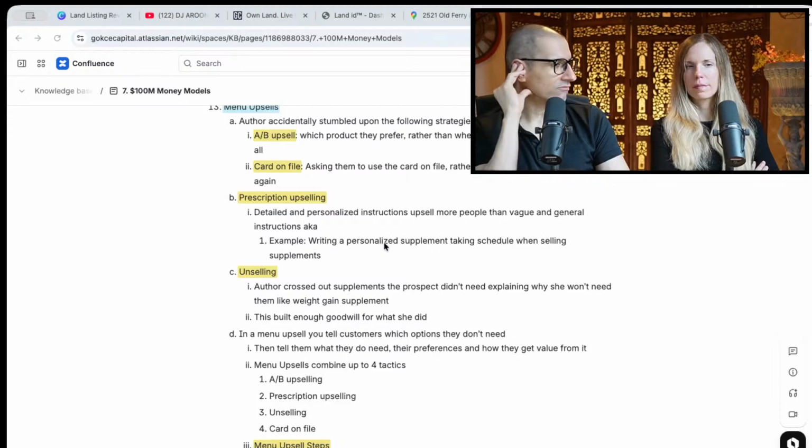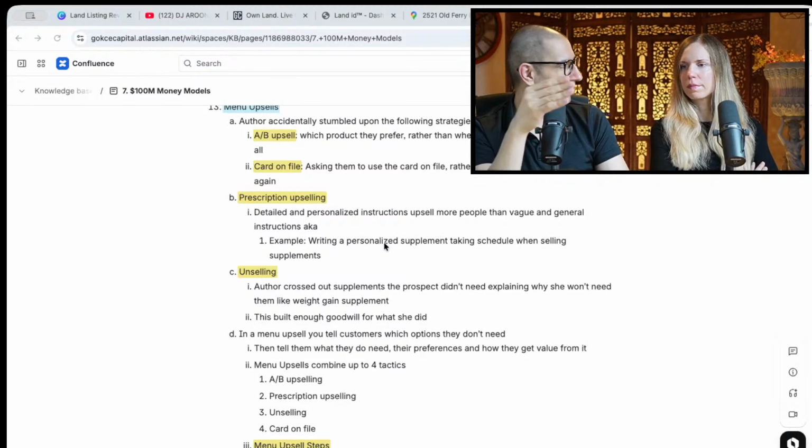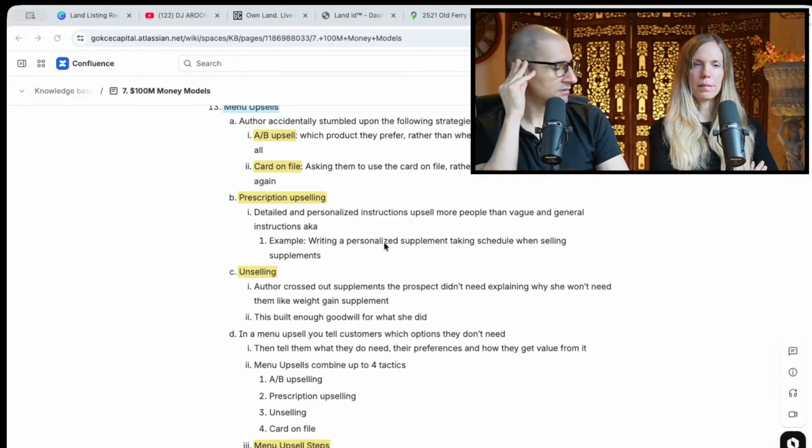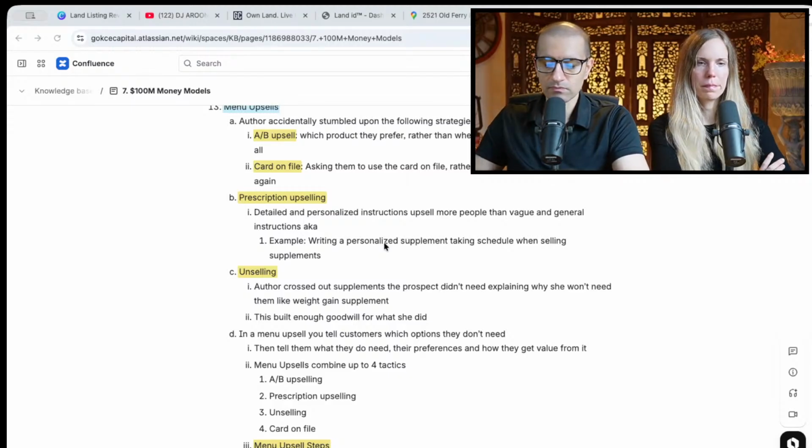So it makes you more willing to buy if you were on the fence. It's not going to magically convert a no to a yes, but it can turn a maybe into a yes. You agree? Yeah. Okay, so card on file.